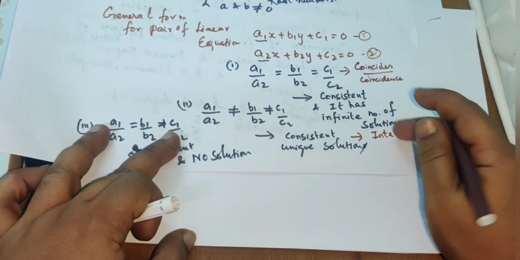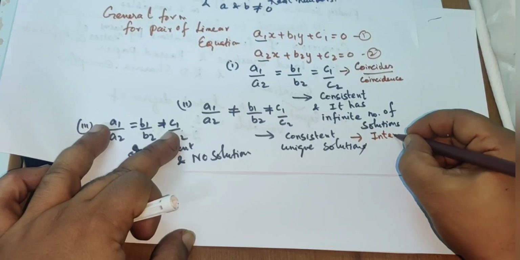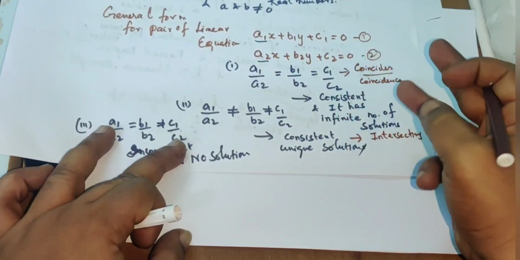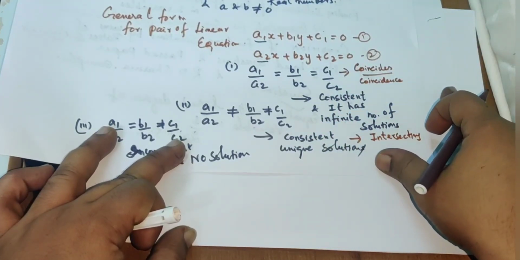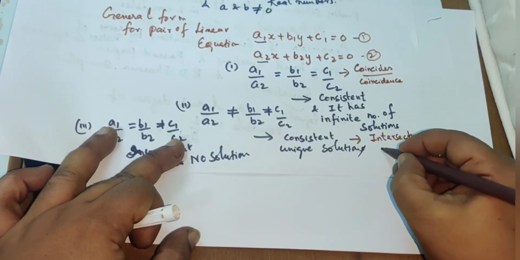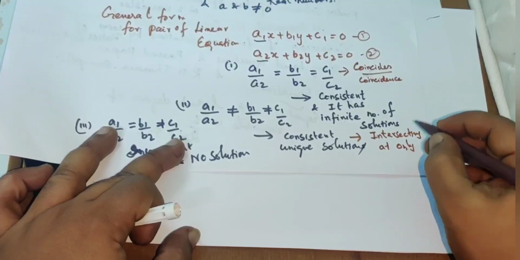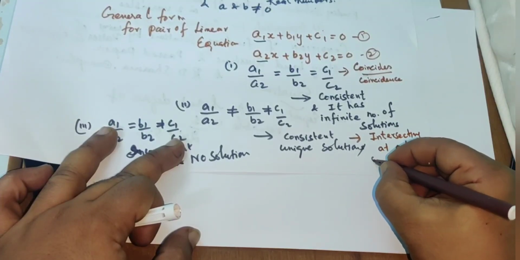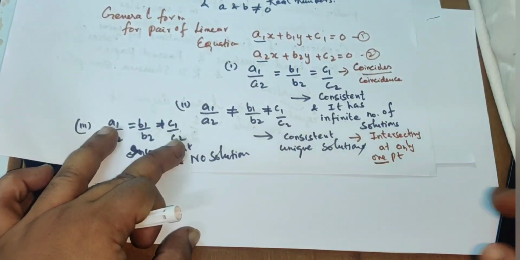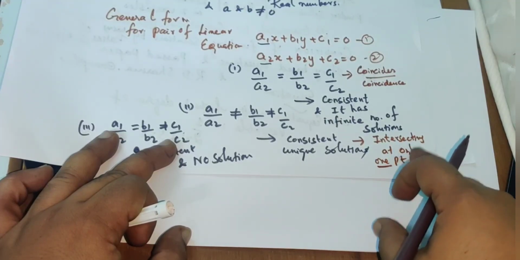Both of the equations, when we plot the solutions on the graph, you will get intersecting lines. Both of the two equations, two lines you are going to be plotting on the graph, intersect at only one point, which is why it is a unique solution, because only at one point do both of the linear equations cut.